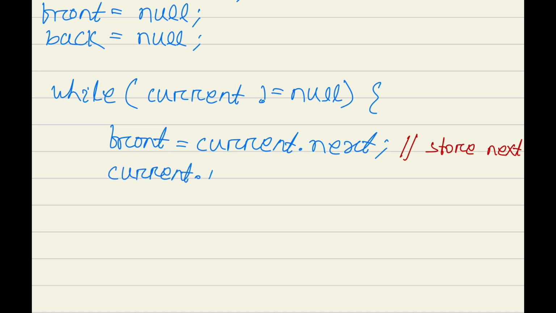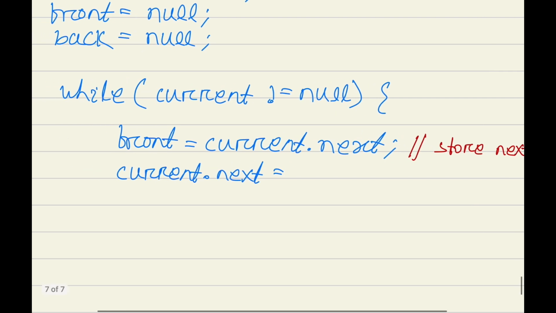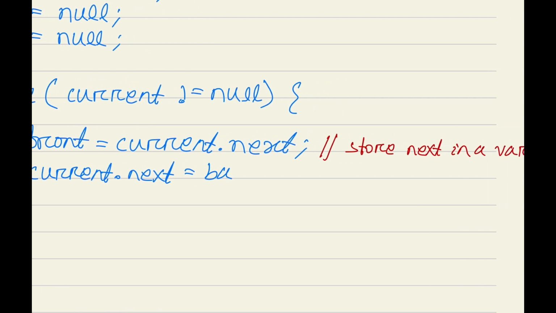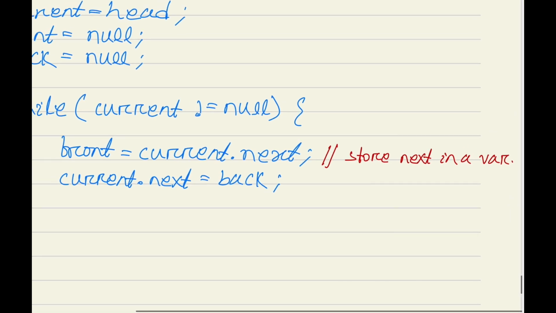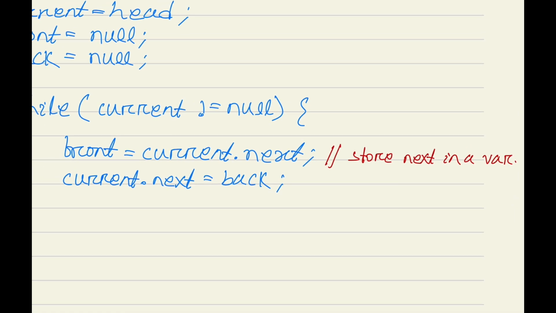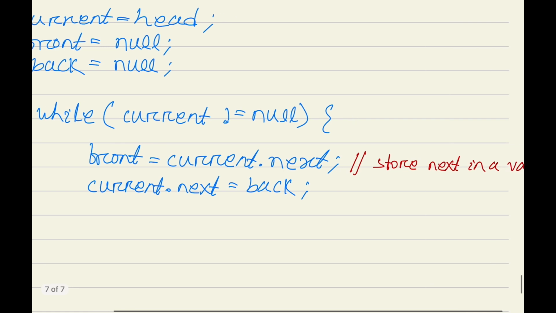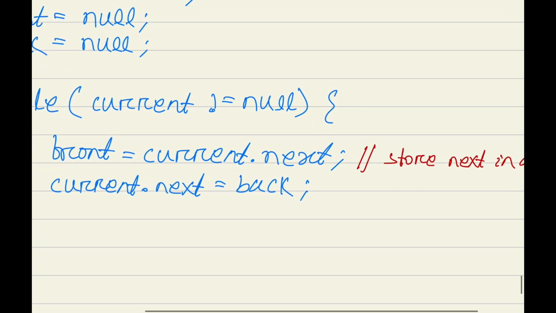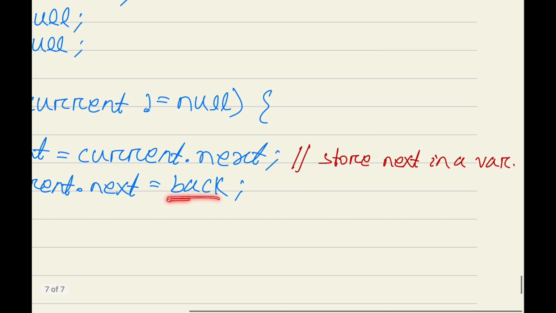Now we can update the value of current.next. So current.next = back. That means it is going to refer to its previous node. Initially the value of back is null, so the first node of the linked list is going to refer to null. Gradually this back is going to be updated.